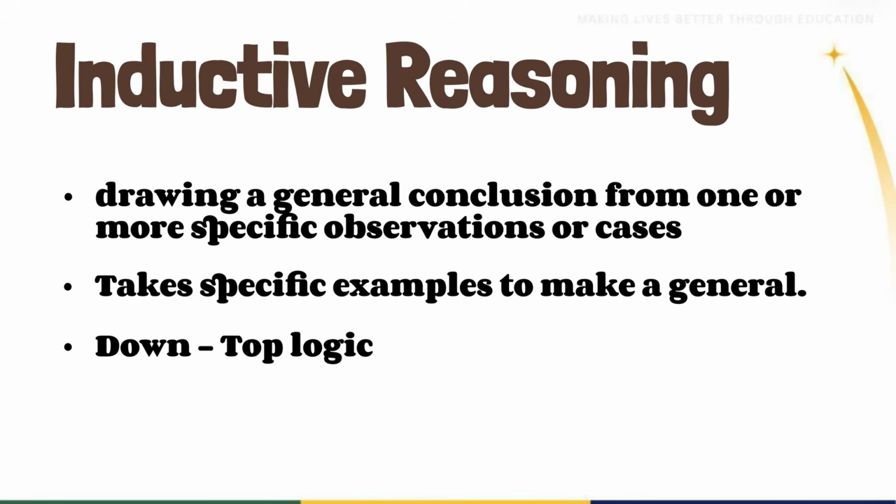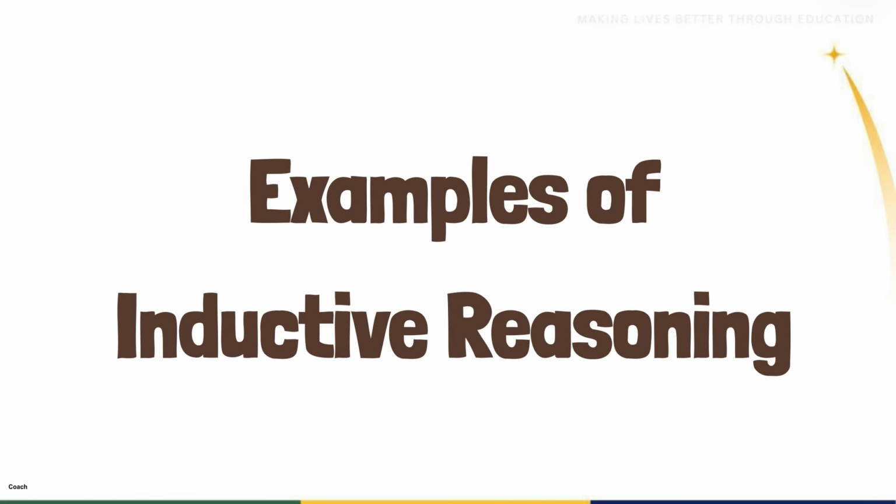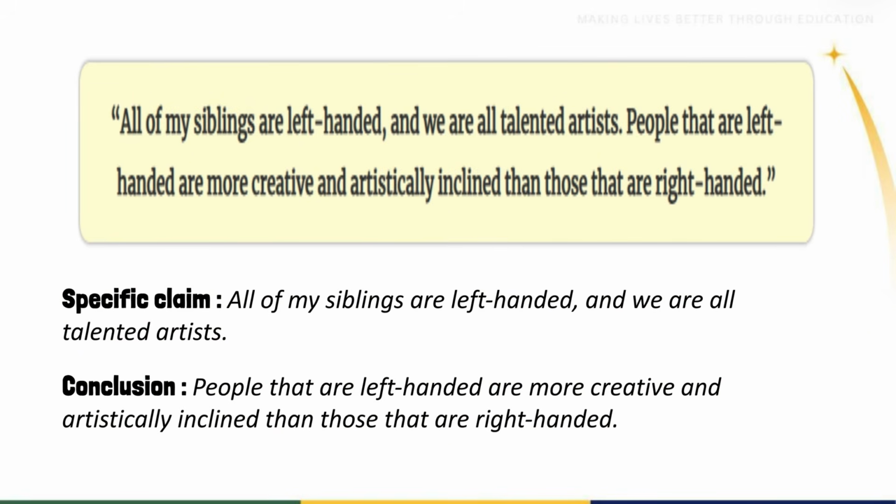This is also called bottom-up logic because we move from specific observations toward a general idea. Let's look at some examples. Again, in inductive reasoning, we start with a specific example or a specific observation, then form a general conclusion from them. Here's our first example.